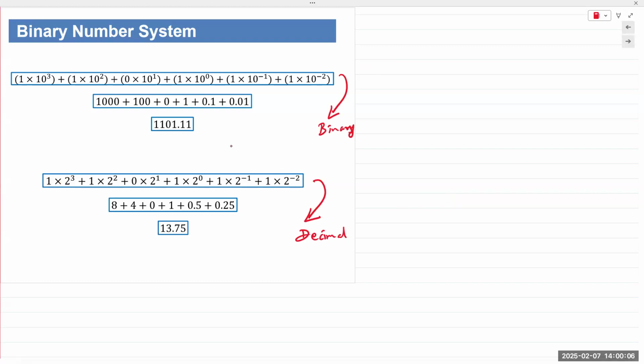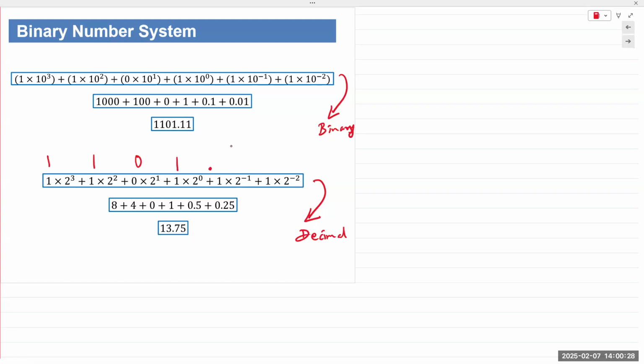Okay. So let's say we had 1101 as our binary number, and we want to find the decimal number. Well, we are going from binary to decimal, so we use powers of 2.